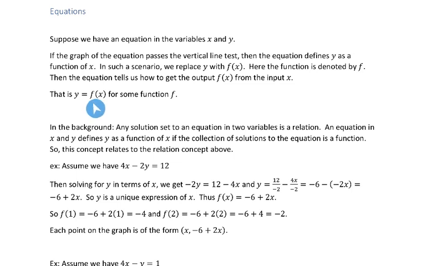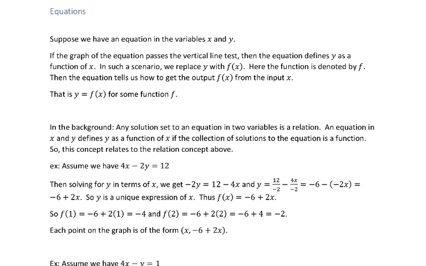I don't know if I said it before, but when we have y equals f of x, where f is the function, we also say y is a function of x. Really what's happening in the background is, with the equation, you can sketch its graph, and as I said before, from the graph you get a relation, namely the collection of all plotted points in the plane that are on the graph.